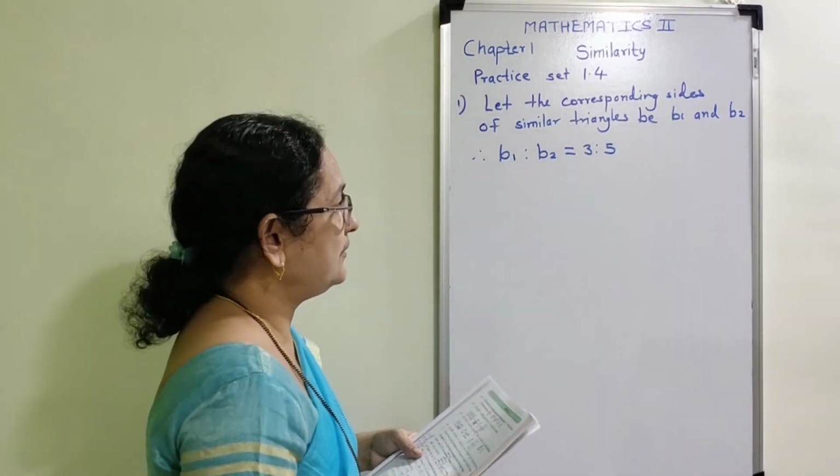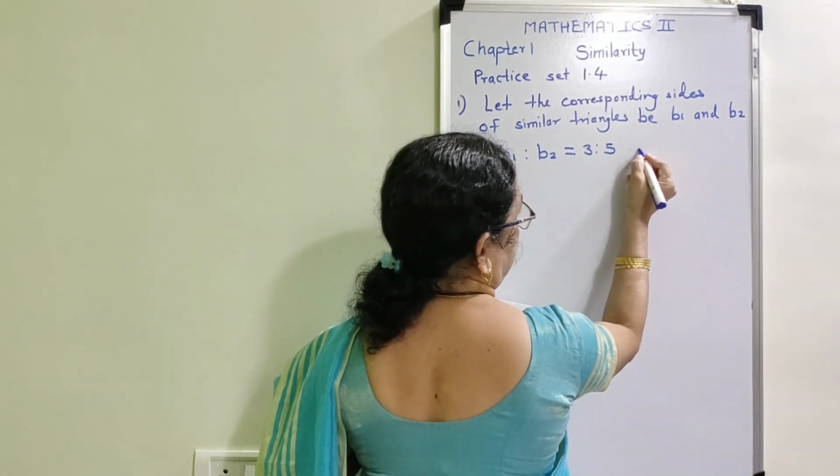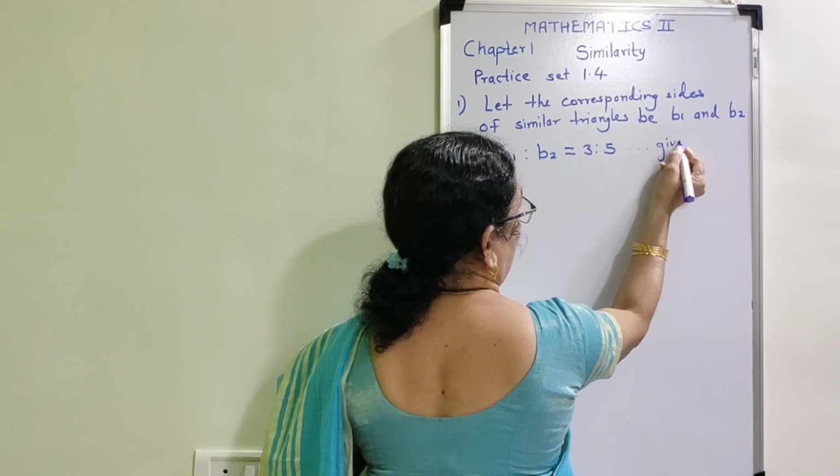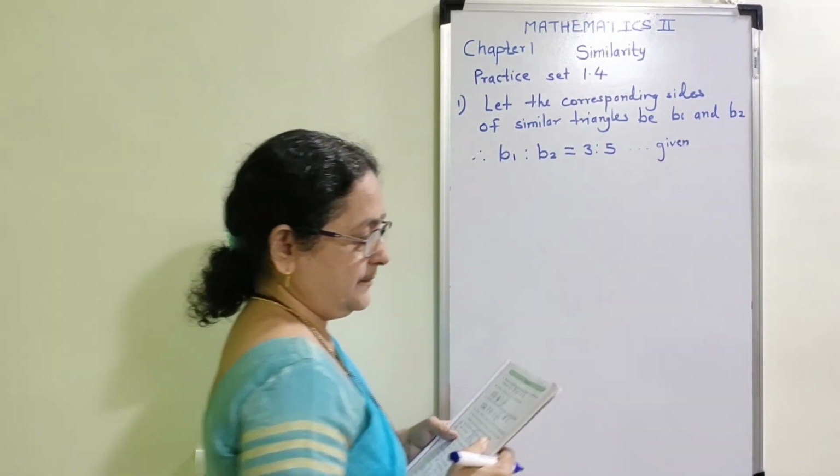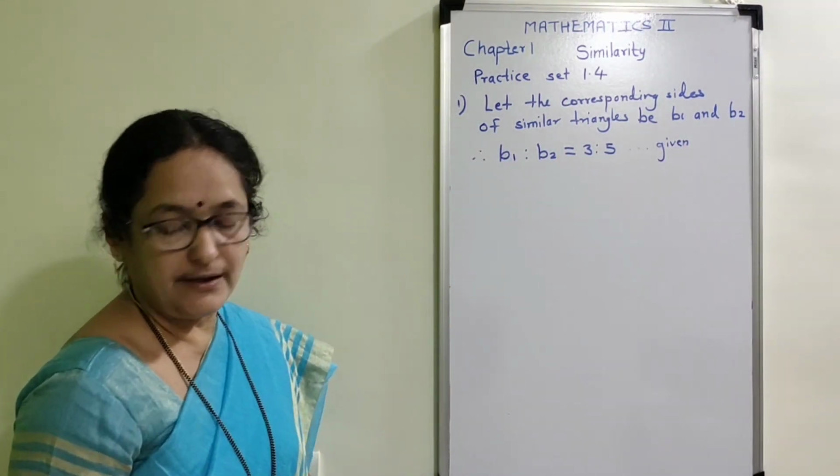This is our given. Now what you are going to find out? The ratio of the areas.